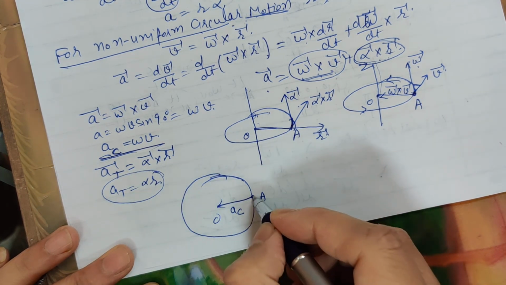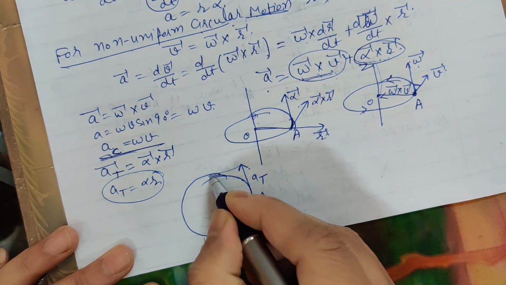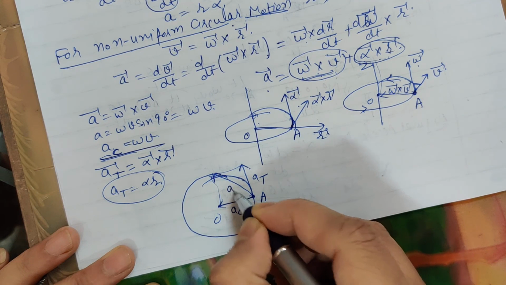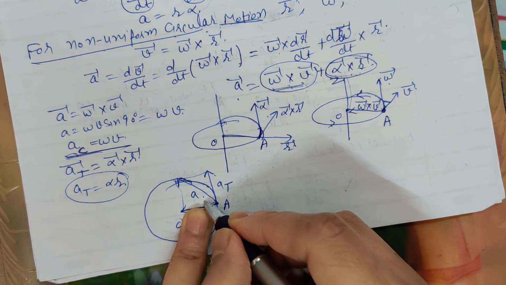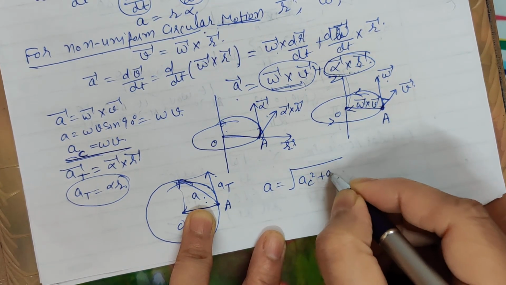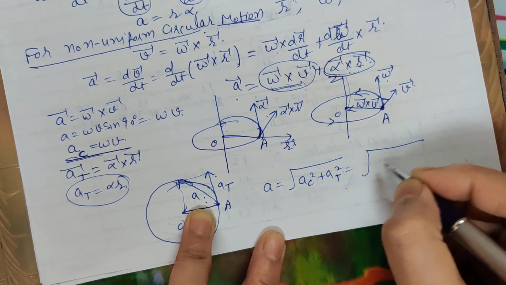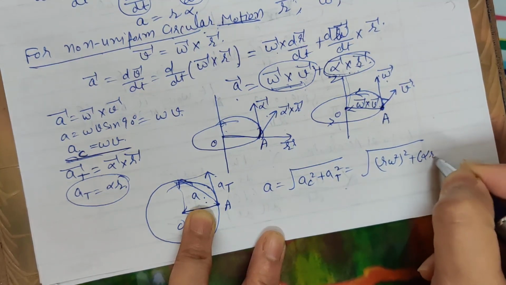The second is the transverse, along the direction AT, and these two are perpendicular. This shows the net acceleration for non-uniform motion: AC squared plus AT squared, total, is r omega squared plus r alpha squared.